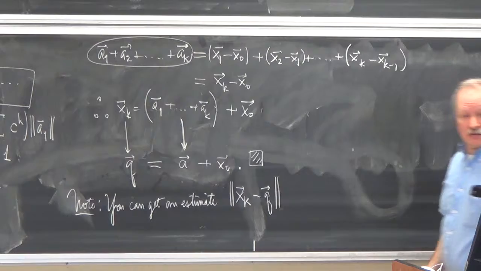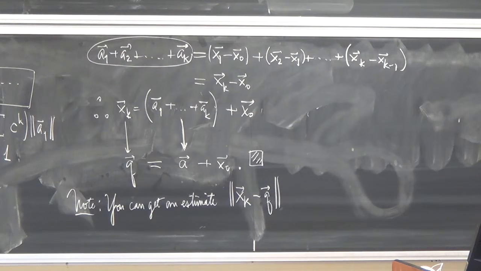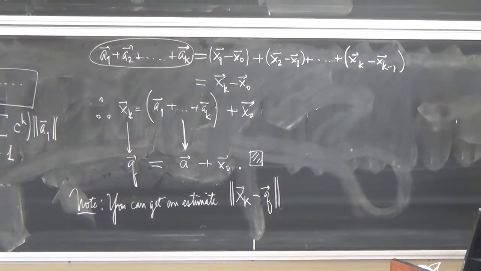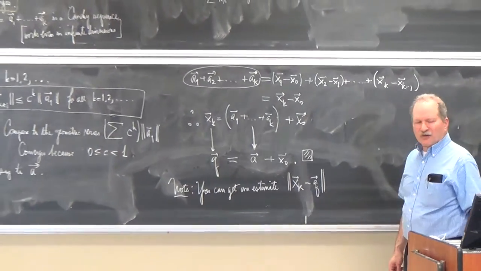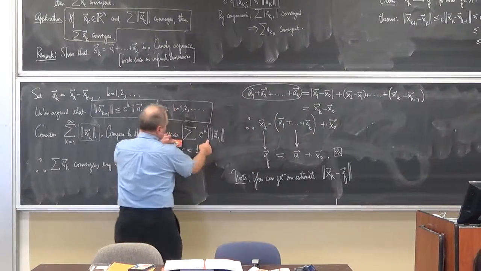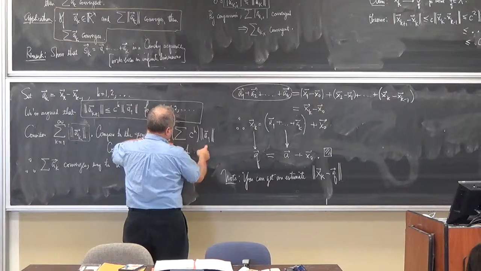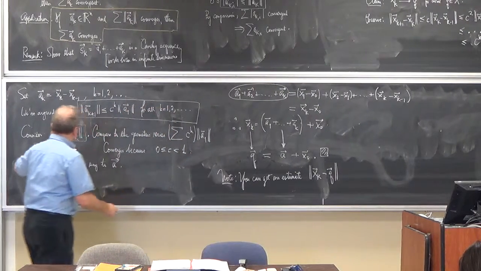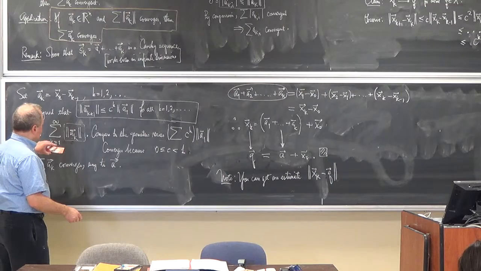Yes, sir? Okay, so the series over there, is it geometric, arithmetic? Say again? The series there. This? Well, the first one on the left is geometric or arithmetic? Neither.